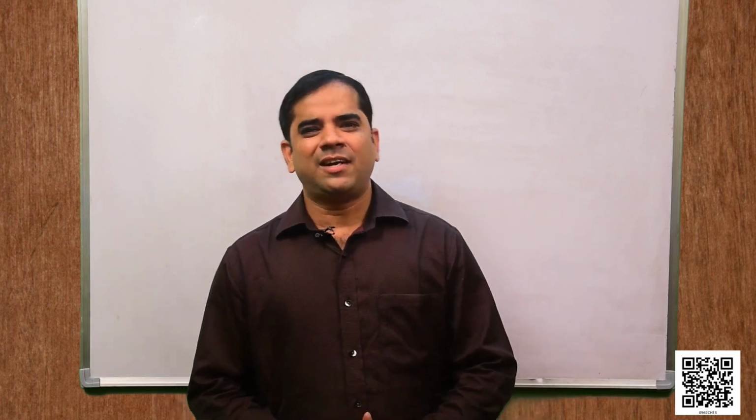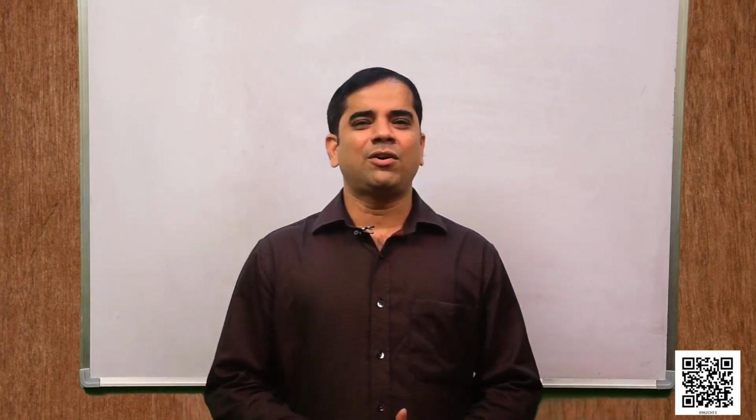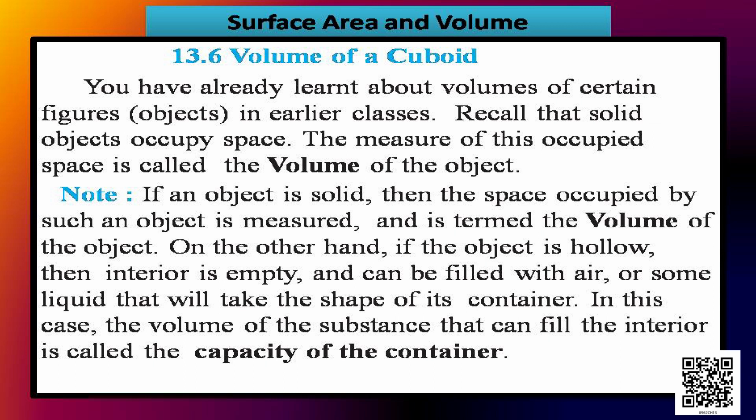Students, let us now discuss the volume of a cuboid. You have already learnt about volumes of certain figures in earlier classes. And what is volume? The measure of the space occupied by an object is called the volume of the object.